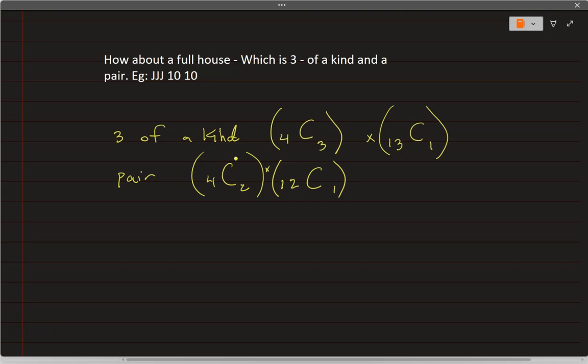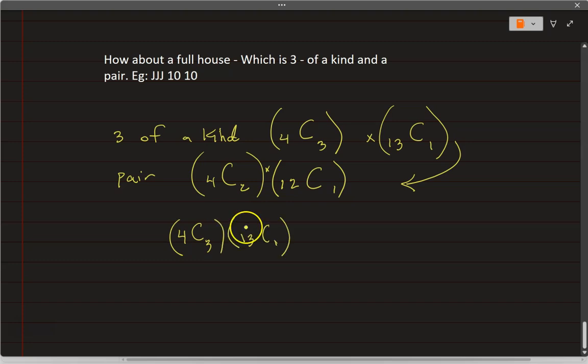And then you put them all together and you have to multiply the top part by the bottom part. So at the end, we will get 4 choose 3, multiplied by 13 choose 1, multiplied by 4 choose 2, multiplied by 12 choose 1.